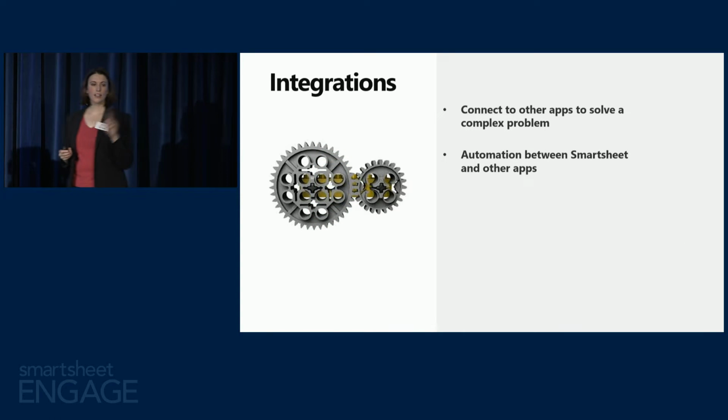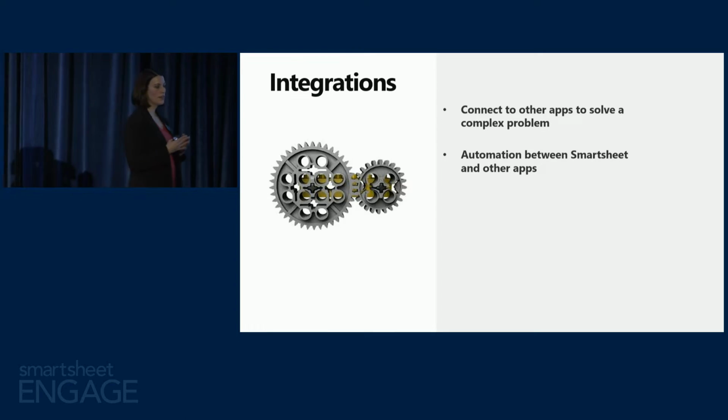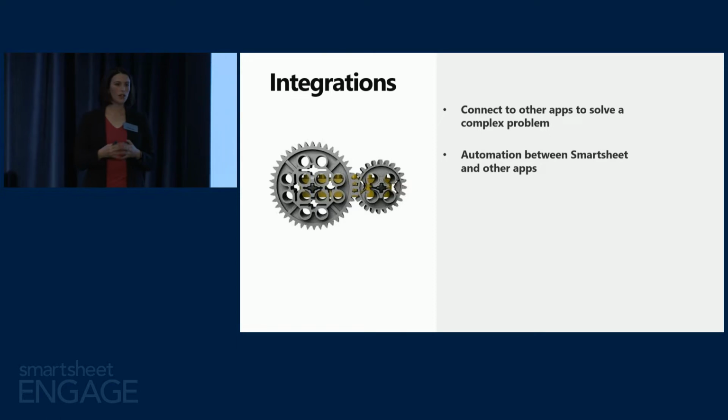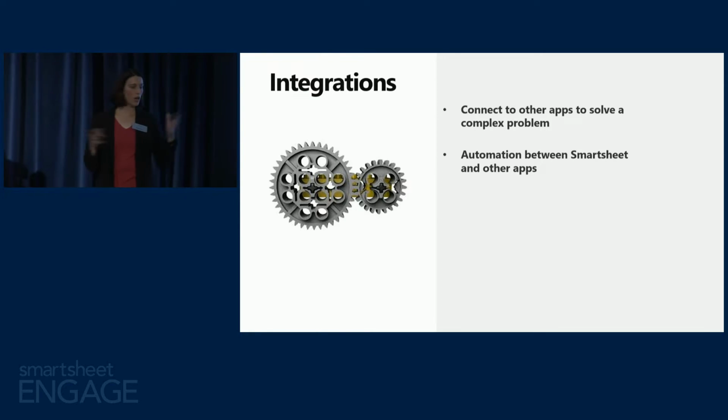Last but not least, we're not going to jump into this one very heavily today, but this is also an important component to think about, which is integration. One of the core foundations of Smartsheet is this idea of Smartsheet being the hub and the wheel, and it being agnostic to other applications, right? We all work in more than one thing.